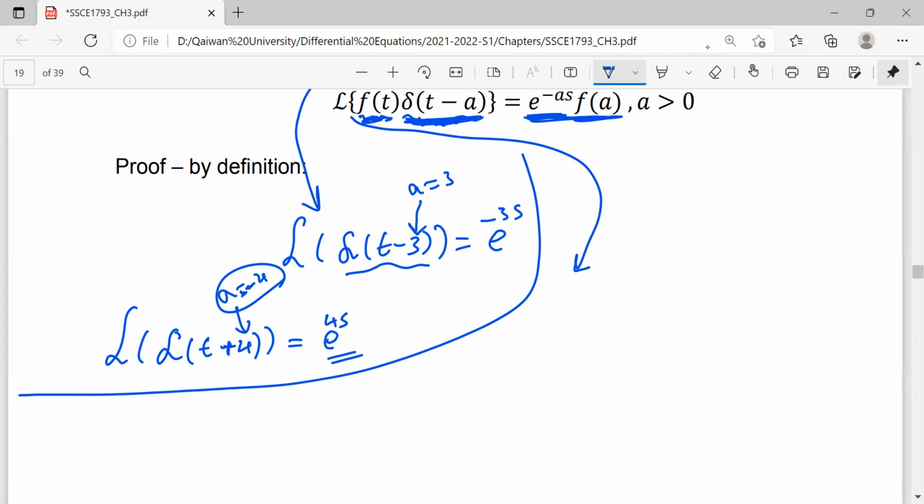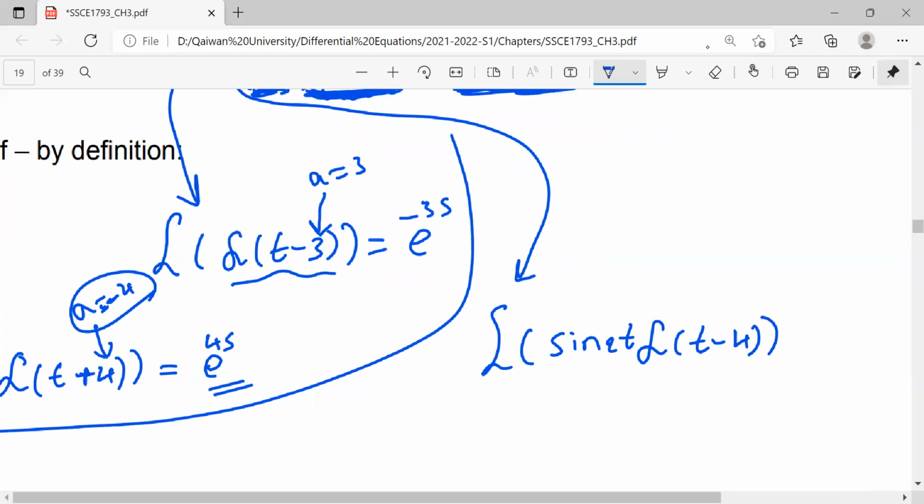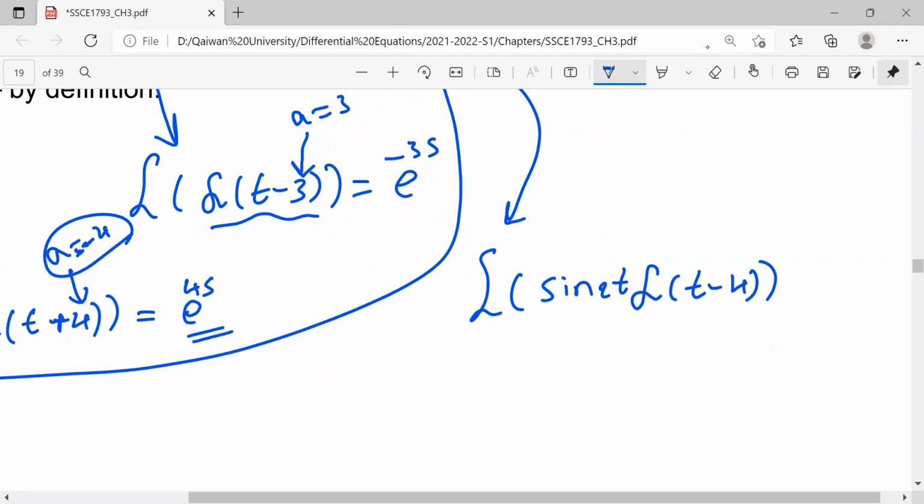If we take an example here, the Laplace transform of sine 2t times the Dirac delta function of t minus, let's say, 4. What's this Laplace transform?